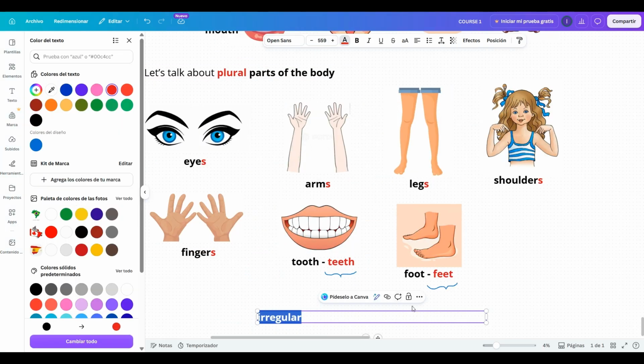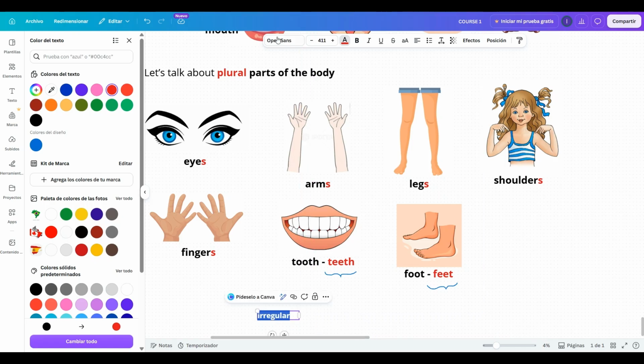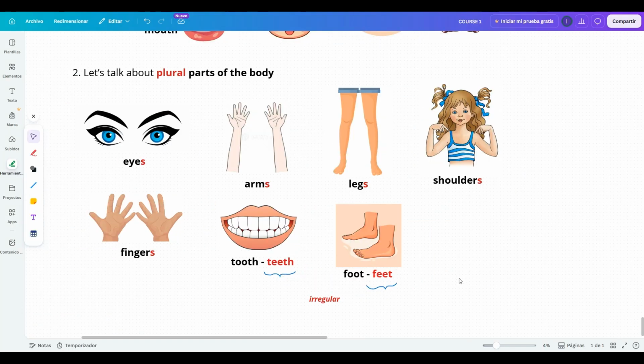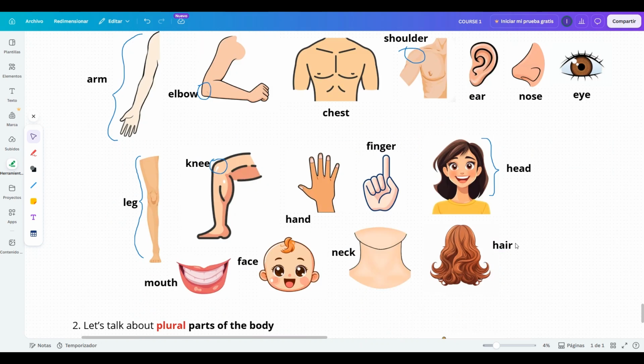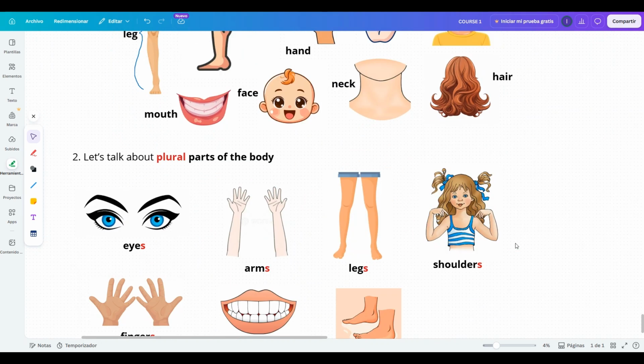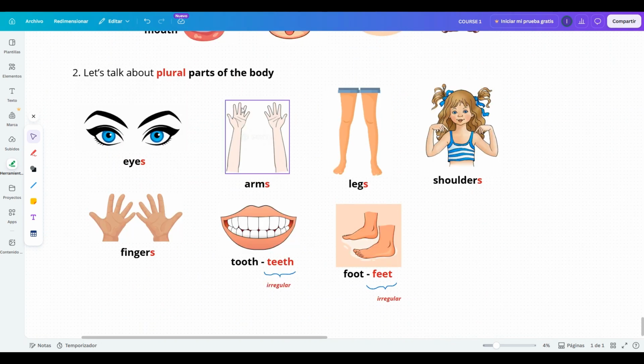Irregular. You write them a different way, right? So tooth becomes teeth. Foot becomes feet. Because they're irregular plural nouns. Okay? Parts of the body in singular, parts of the body in plural.